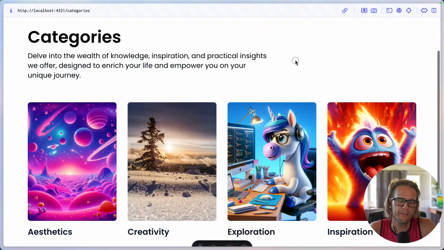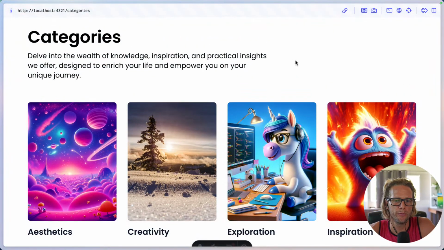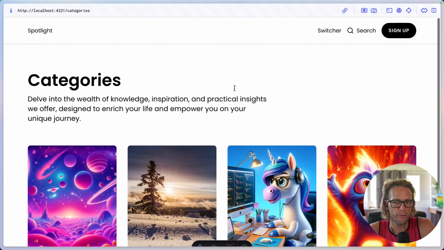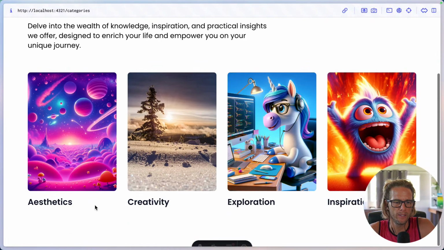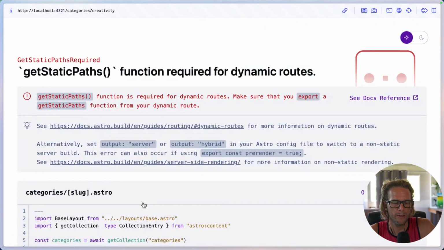So I've made, once again, Keystatic adapt to work with other tools, which is pretty cool. So now aesthetics will go directly to the category page.